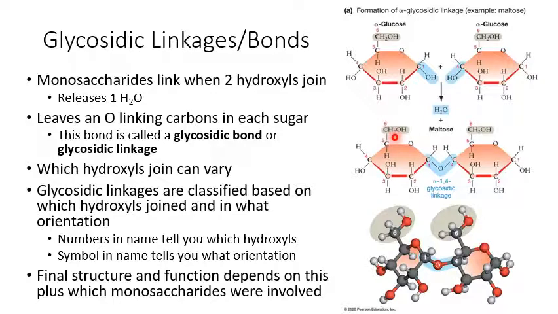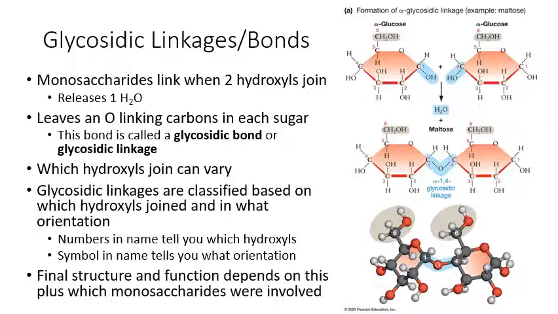And so for both of these glucoses, that last carbon is above the ring, not below the ring. So since they're both facing the same way, we call that the alpha glycosidic linkage. So the full name of it would be an alpha 1,4 glycosidic linkage, indicating that both of the monosaccharides involved are facing the same way, and that the bond is between the first carbon on one and the fourth carbon on the second.